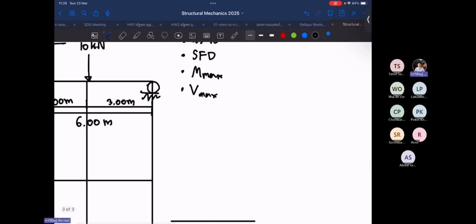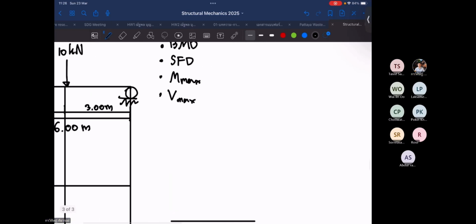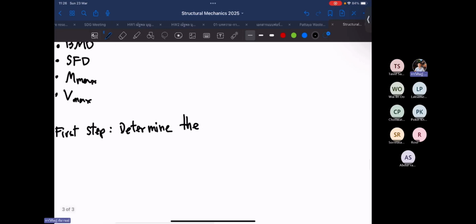For first thing, we have to determine the reaction. First step, determine the support reaction.